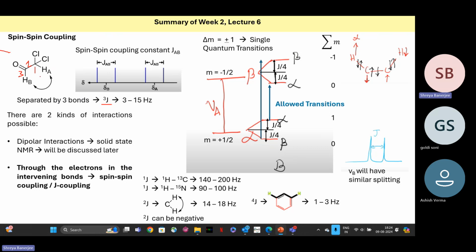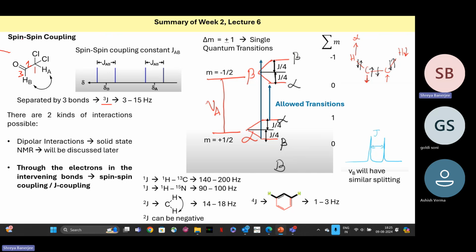Now, what happens here? If you consider only one hydrogen, hydrogen has an I value of half. And so, in the presence of a magnetic field, there are two energy levels, M plus half and M minus half, which we have termed alpha and beta. We have discussed this extensively in the previous class.